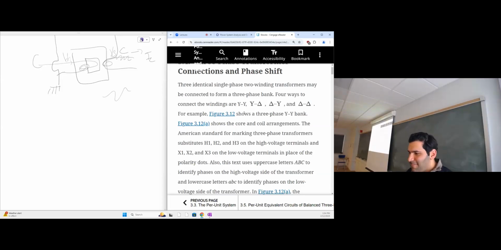I think I mentioned that maybe briefly before. It's the ability to keep the harmonics or the nonlinearities or the bad things within the delta. Since you don't have that neutral connection, sometimes a third harmonic, which is harmful, may not be considered as a fault. Okay, it's some nonlinearity in the system.